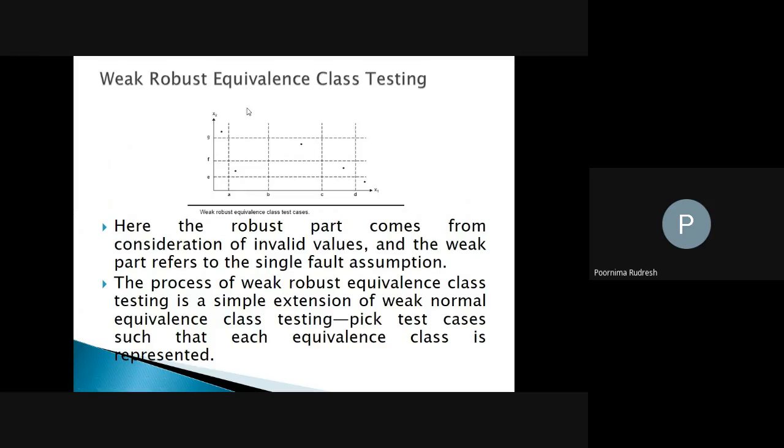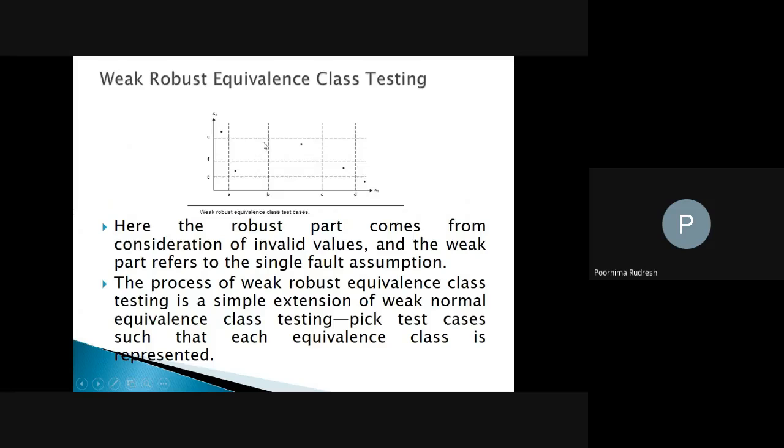Okay, see here, you can see this. The weak robust equivalence class testing considers the combination of the single fault assumption test cases and also the invalid values. See here, at the left uppermost corner we have a test case. This value is an example of an invalid value. Similarly, the lowermost right corner value is also an invalid value.